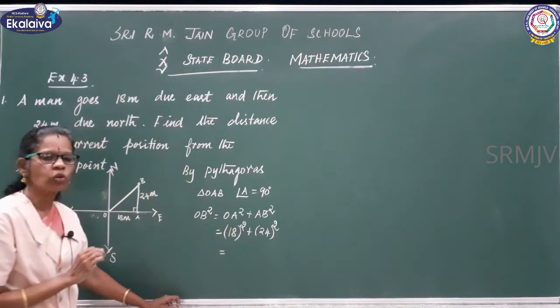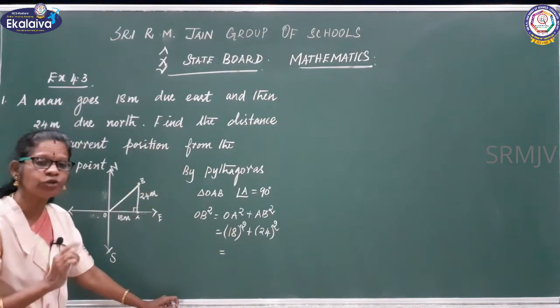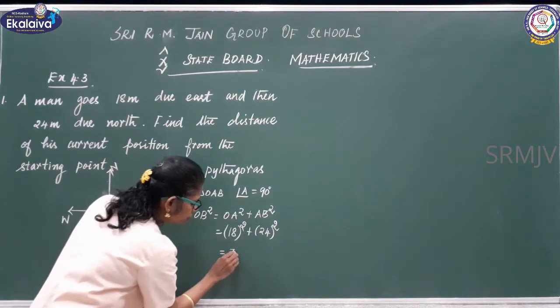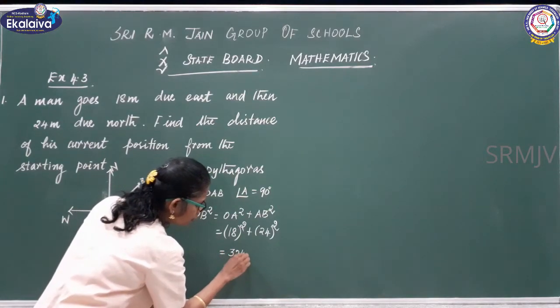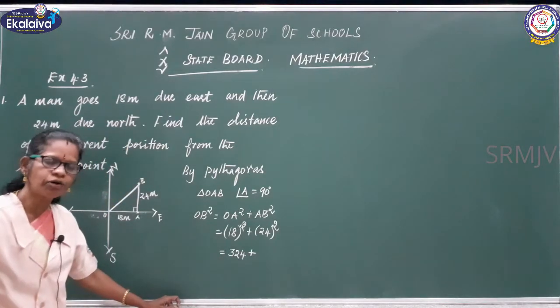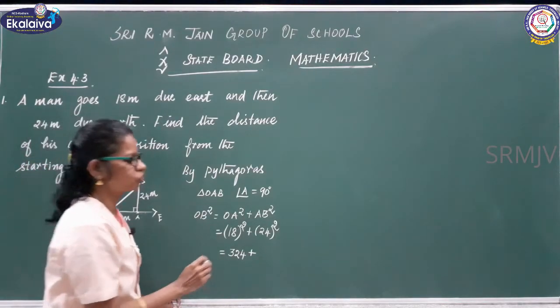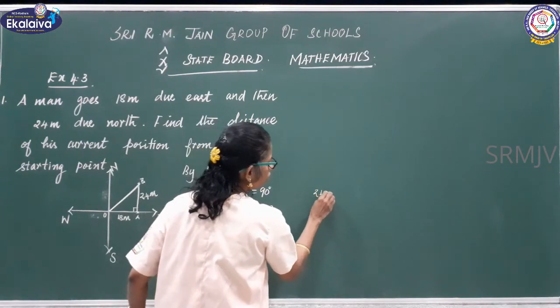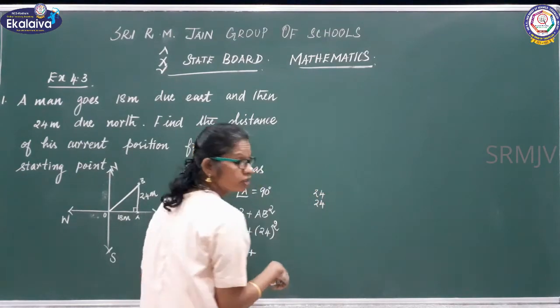What is 18 square? 18 into 18, 324. Plus 24 into 24. If you have a doubt, better to multiply and see, right? 24 into 24, that is 576.